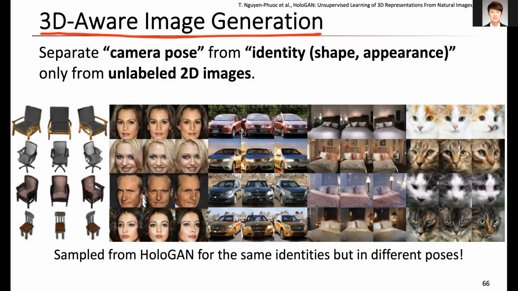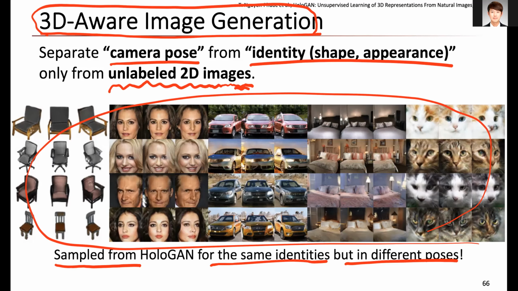If it does not consider any 3D structure information, it may be limited in generating multi-view or multi-pose images because it does not have any camera pose cue. So 3D aware image generation aims to separate camera pose or the 3D viewpoint from the identity, such as shape and appearance, only from unlabeled 2D images.